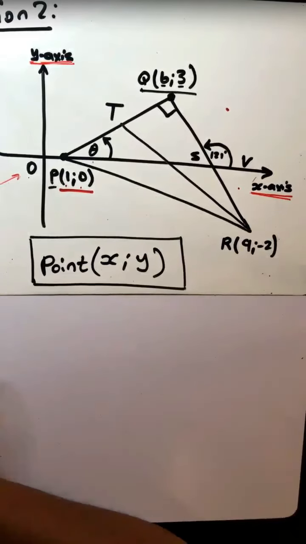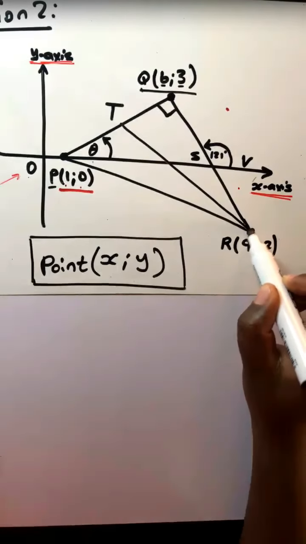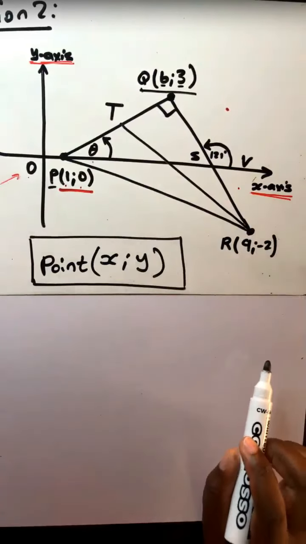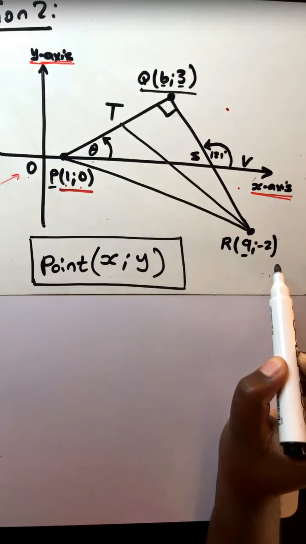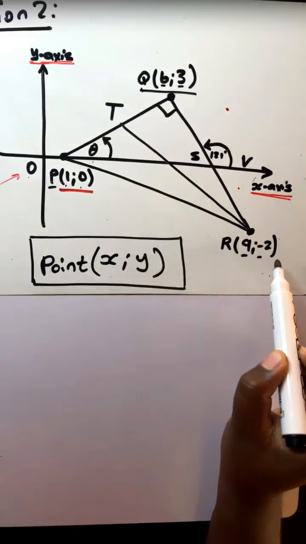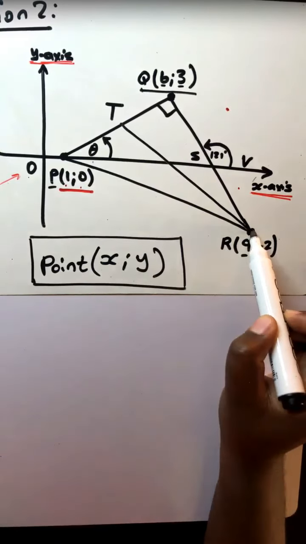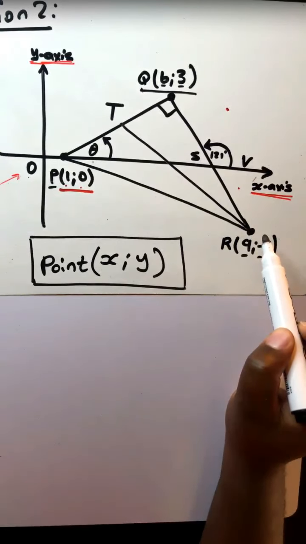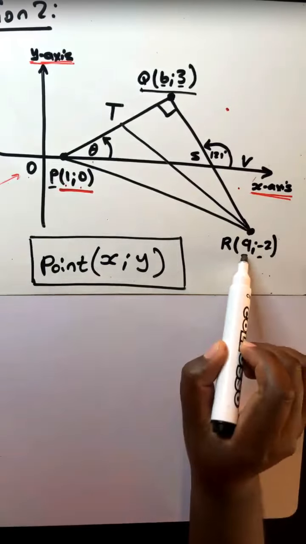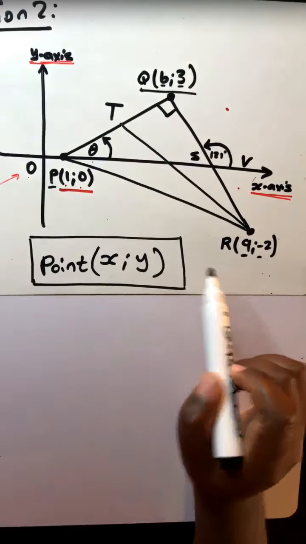Part of the information that I've read over there is that we've got the point called point R, which is that point over there. And point R has got the coordinates of X, which is positive 9, Y is negative 2. And it makes sense because that point lies in the fourth quadrant where we know that we've got positive X values and negative Y values. Very, very much important, ladies.